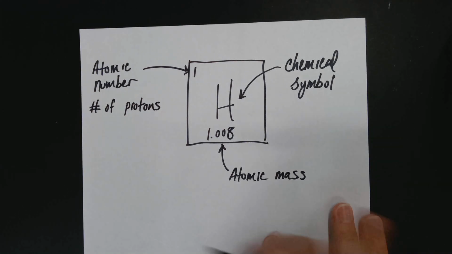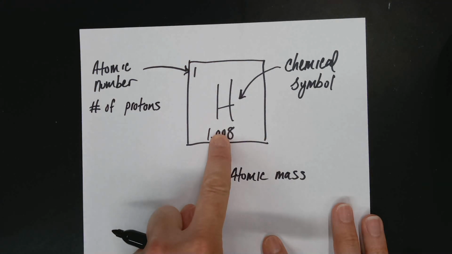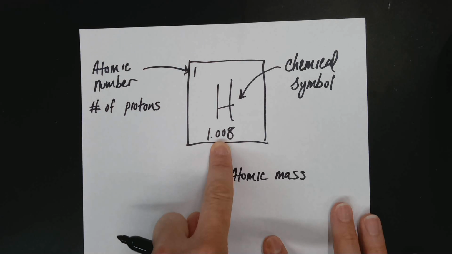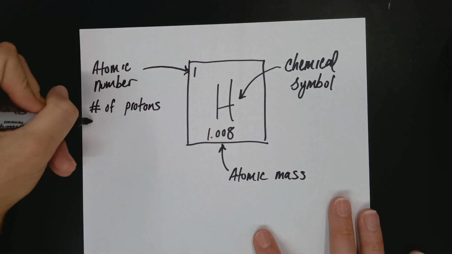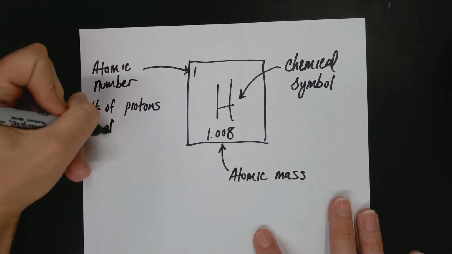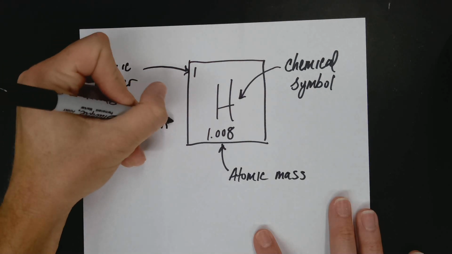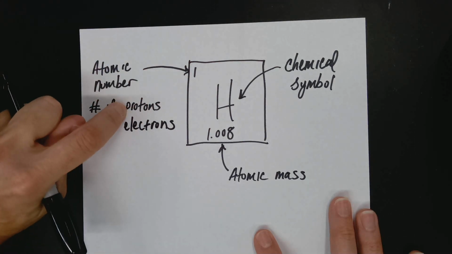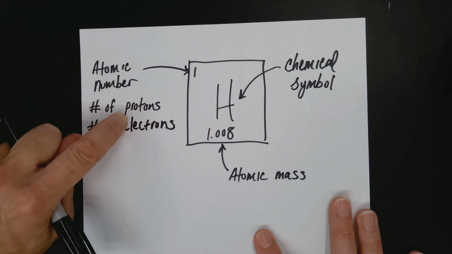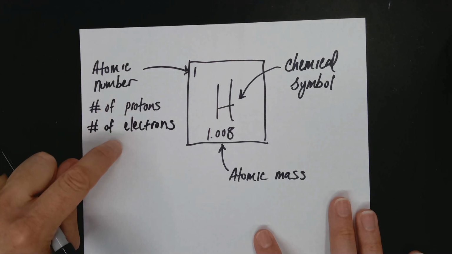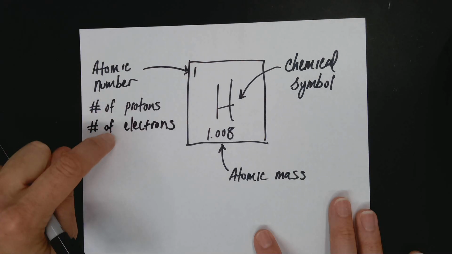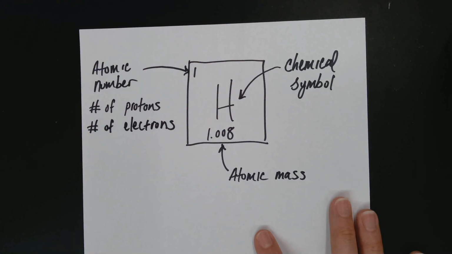Additionally, if the atom is neutral, which for our purposes right now they'll always be neutral, it also represents the number of electrons. So remember, protons are positive, P for positive, electrons are negative, and so there should be an equal number of protons and electrons in a neutral atom, so an atom with 0 net charge.